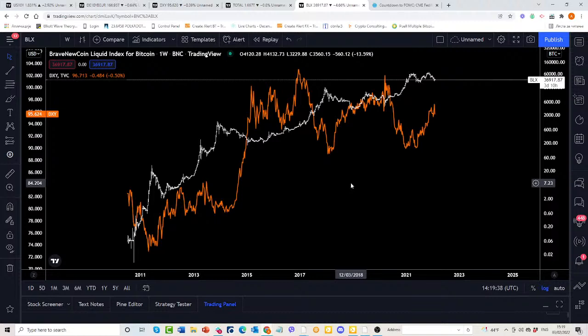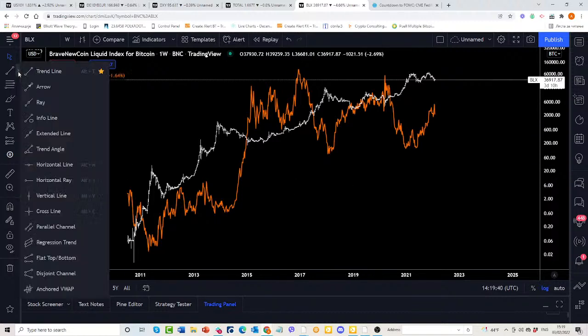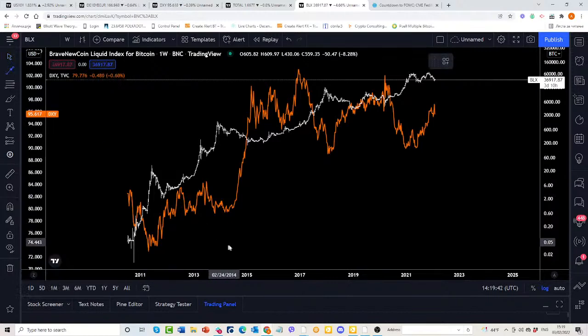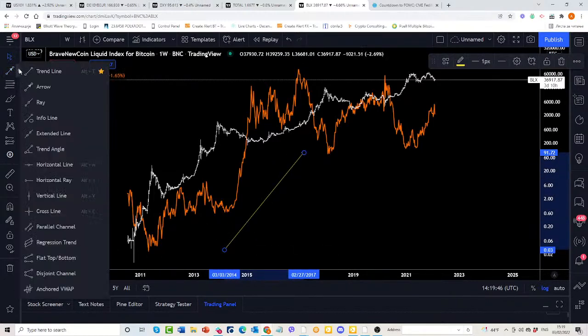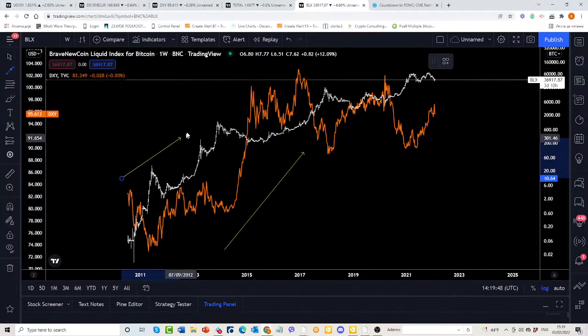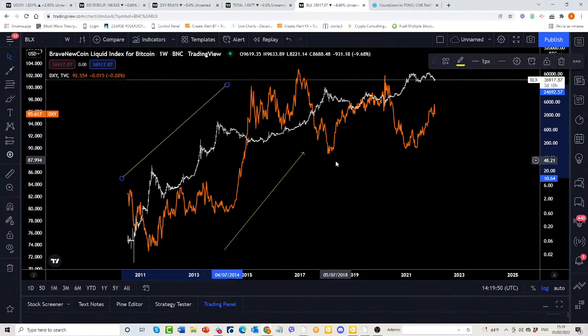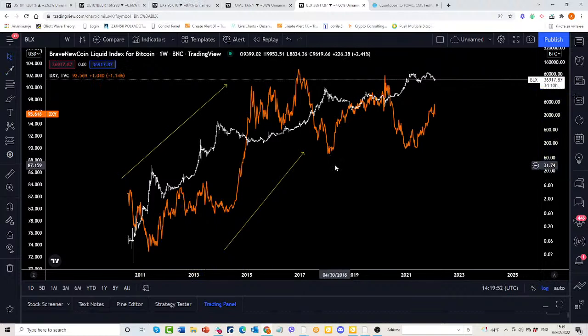Okay, so Bitcoin and dollar, both of them are actually moving higher in prices from 2011, as you can see. So they are not inversely correlated, which means that if the dollar moves down, not necessarily Bitcoin will move up, and vice versa. So sometimes there are a couple of linked asset classes which have a nice correlation.